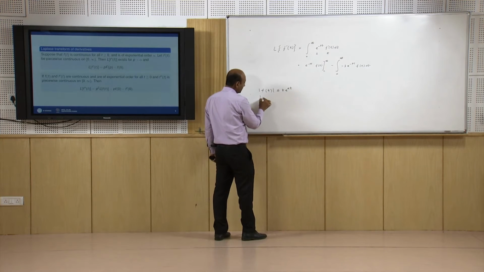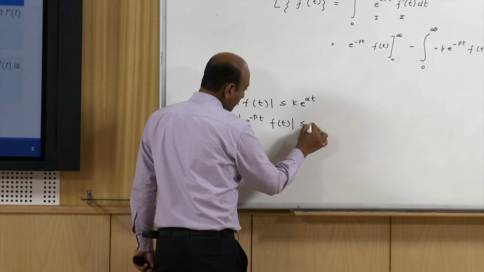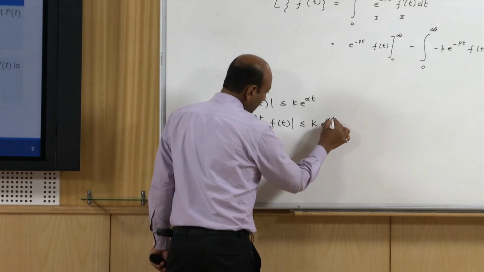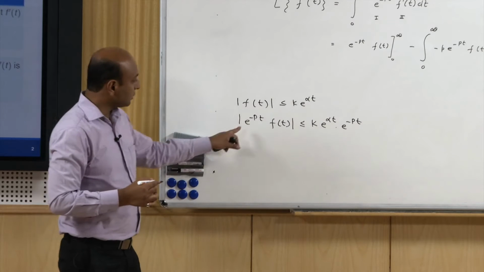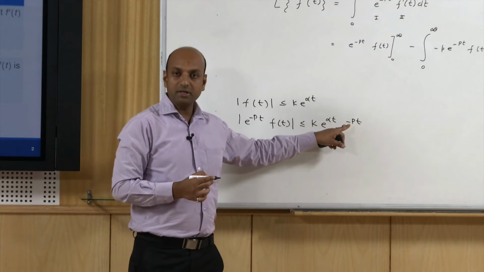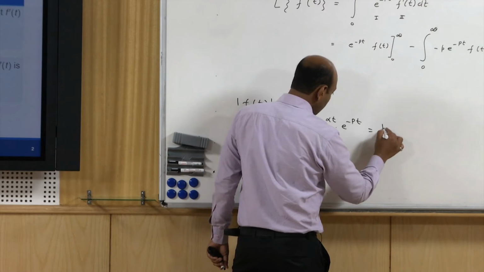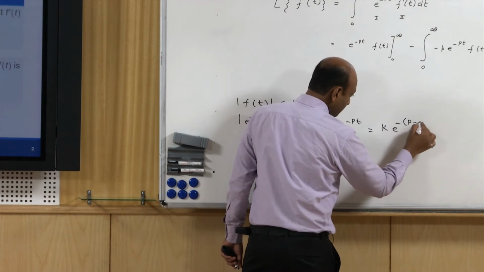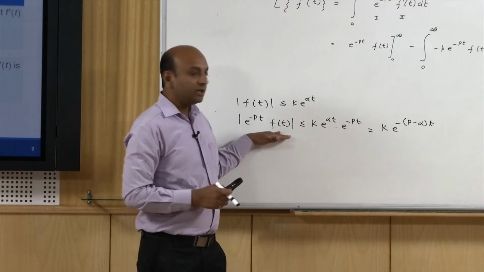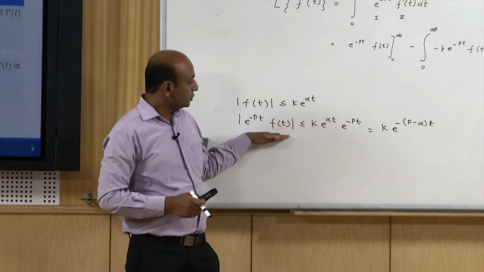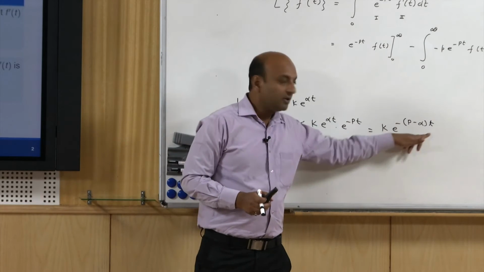So, mod of e to the power minus pt into f(t) will be less than or equal to k into e to the power alpha t into e to the power minus pt, because it is a non-negative quantity, so we can multiply both sides and it will not change the inequality. This is equal to k into e to the power minus (p minus alpha) times t, and as t tends to infinity, since we are assuming p is greater than alpha, this value will tend to 0.